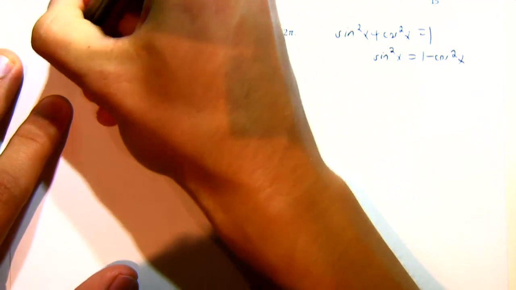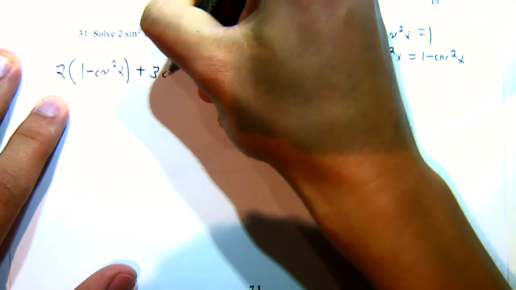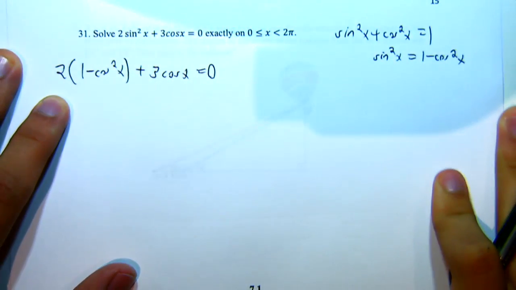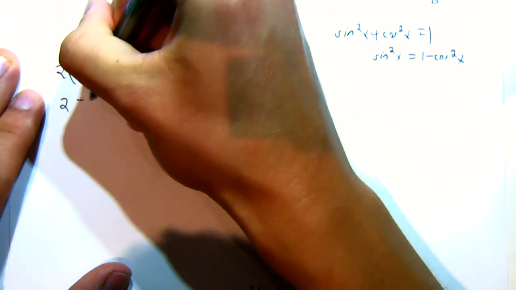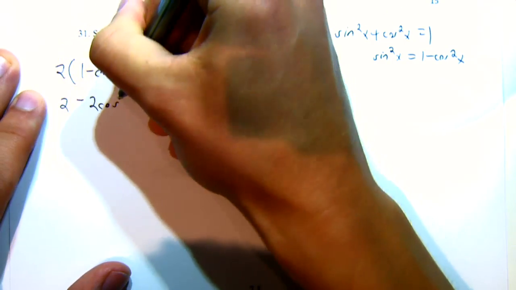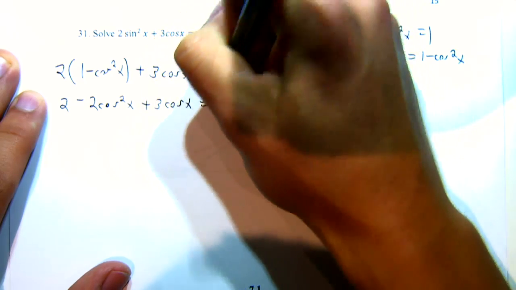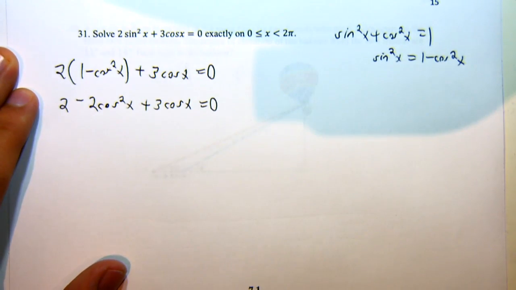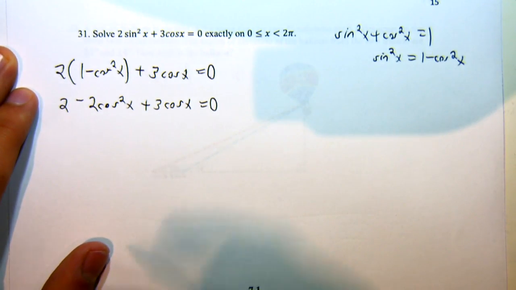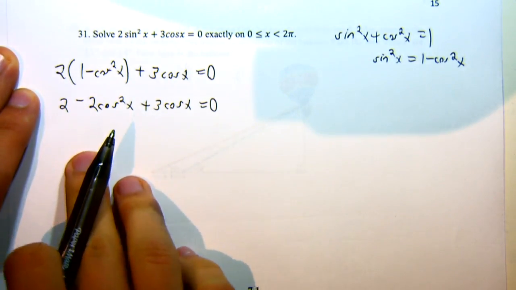Alright, so you go ahead and substitute that in. Alright, and now we distribute the 2. And now I'm just going to rearrange it a bit and multiply by negative 1, so that our leading coefficient could have a positive value.